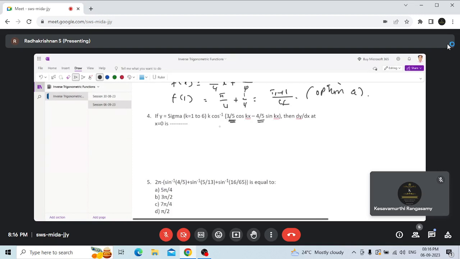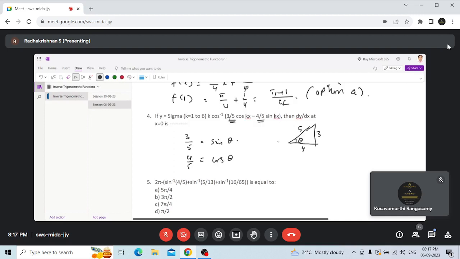So if you take a triangle, okay, so now this 3 by 5 can be written as sin theta and 4 by 5 can be written as cos theta.